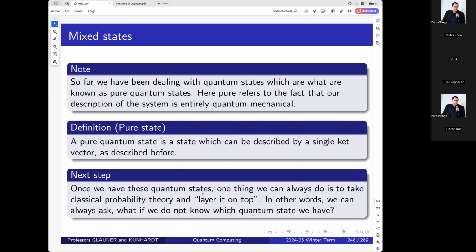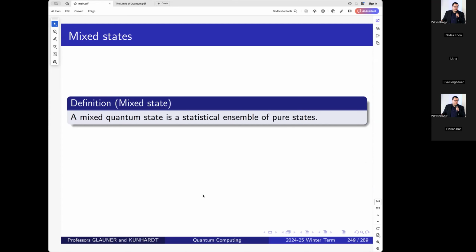You can imagine that on top of our single ket vectors, we now put classical probability theory. You could interpret this as asking something like, what if we don't know which quantum state we have? A mixed state is more like an extension of what we have done so far.